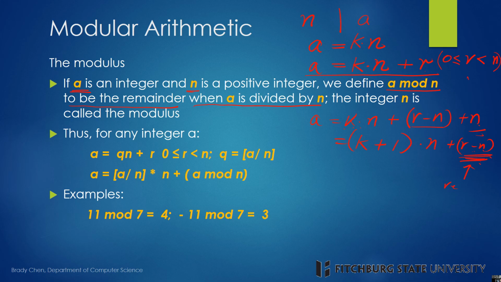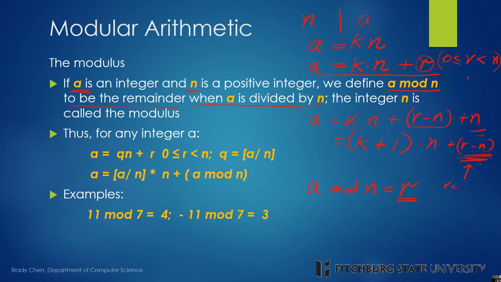So a mod n is the remainder when a is divided by n. When a is divided by n, we get the remainder r, so the modular operation returns the remainder when a is divided by n.